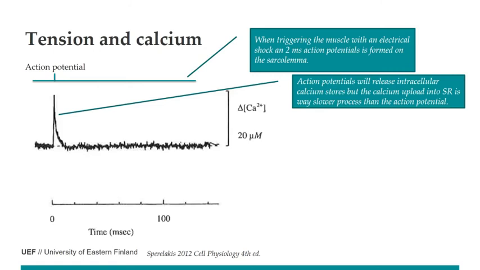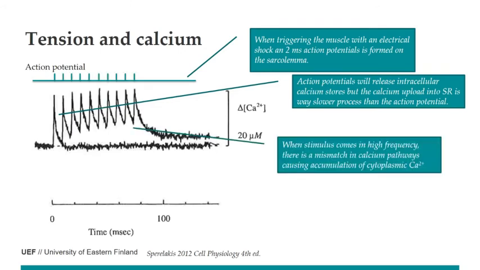And as you can see, although it happens almost at the same time with a little bit of delay, the decay is much longer, because the calcium must be taken up using ATP energy in this calcium pump when they are putting the calcium back in the SR. So it's a much slower process than the action potential.